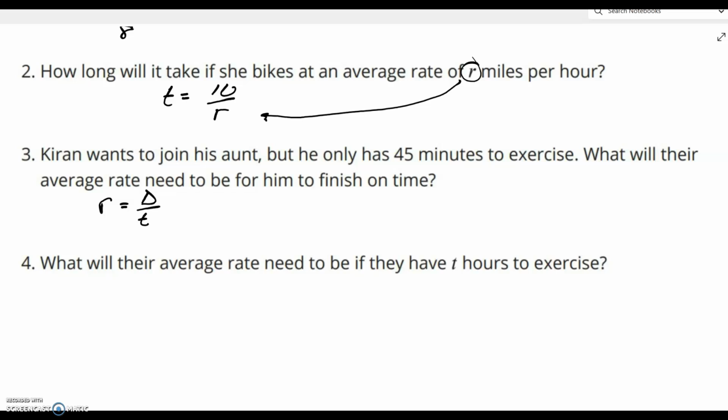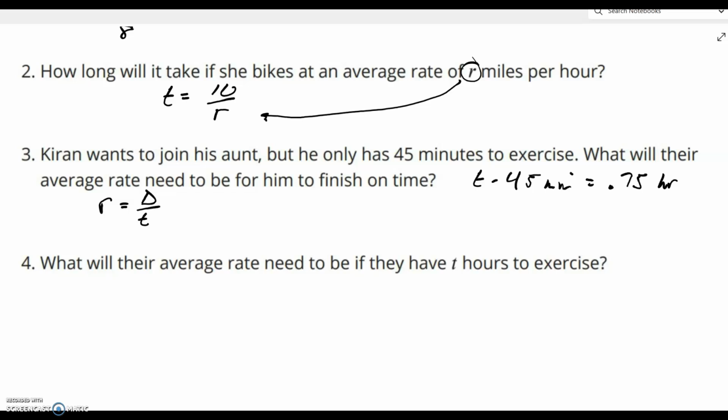What things do we know here? Well, I know that the time is 45 minutes. But if our rate is in miles per hour, I know that 45 minutes is equal to 0.75, or 3/4 of an hour, right? 45 minutes is 3/4 of an hour.